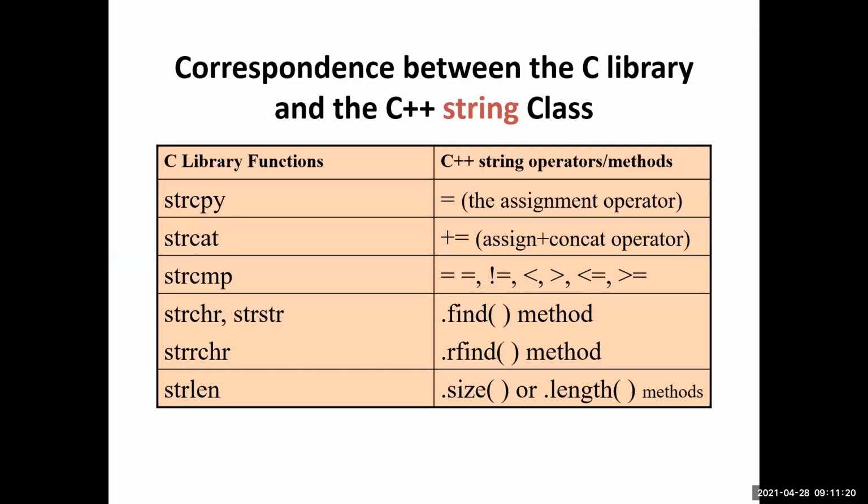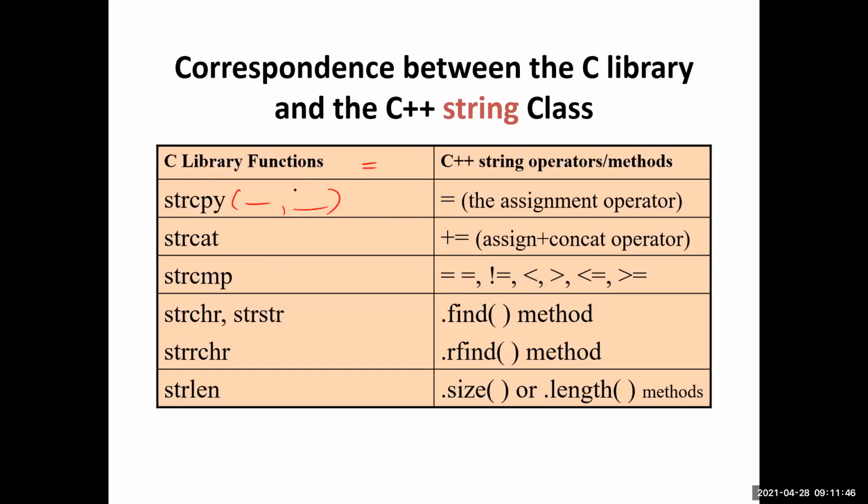Okay, now just a few quick remarks, just a comparison of how the C++ string class makes your life very easy, right? So you see, for very simple tasks, if you are using an array of characters in C, you had to call these functions, right? Just for copy, you are not allowed to use the assignment operator with arrays of characters, right? You had to call the string copy function where you have source and destination, right?